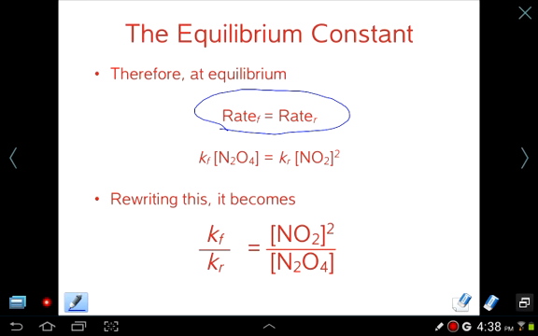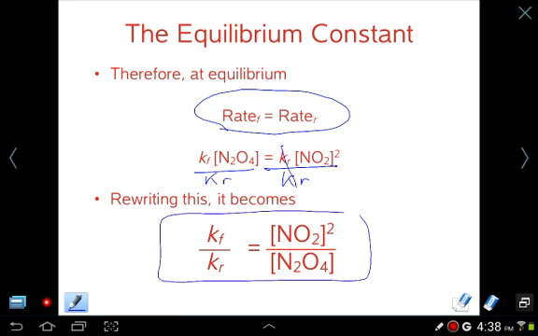And then we can solve and combine our k's. So in this case I'm going to divide by kr on the right side, and likewise on the left side. These cancel out, and we get ourselves this final equation.